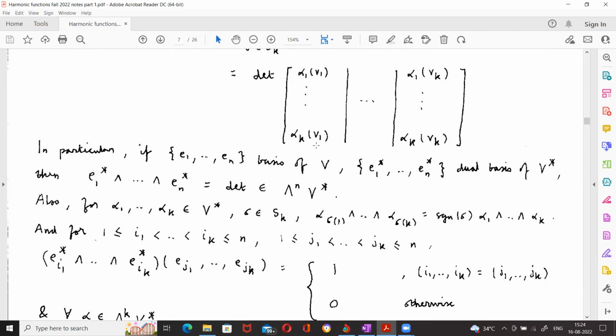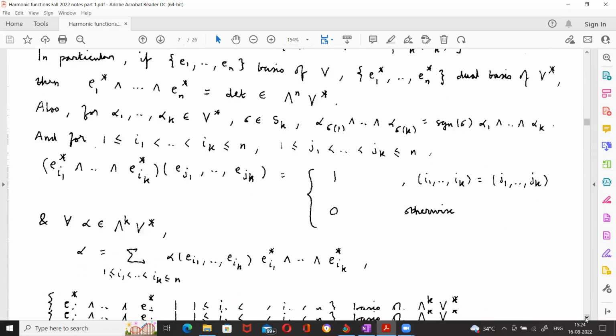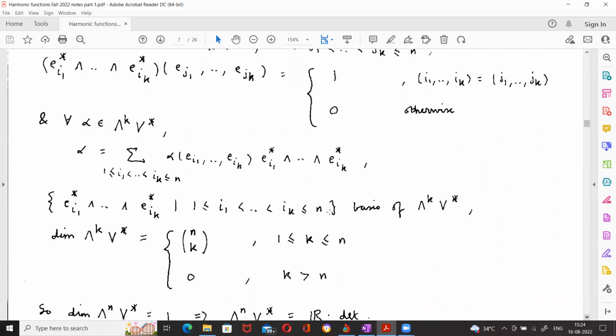After that, similarly, you can argue that J2 has to equal I2 and so on. Is it clear? So if it's non-zero, then J1 to Jk has to equal I1 to Ik, and then this determinant is 1. Otherwise, it's 0.